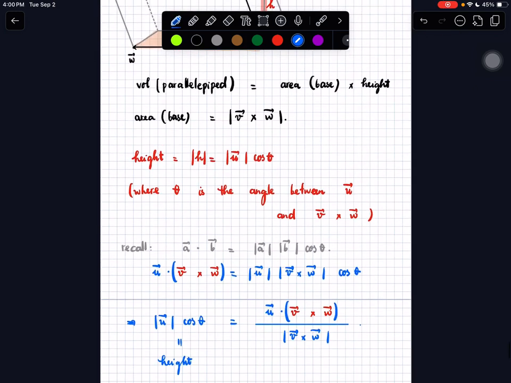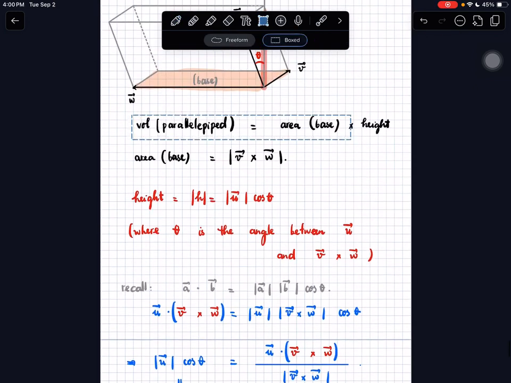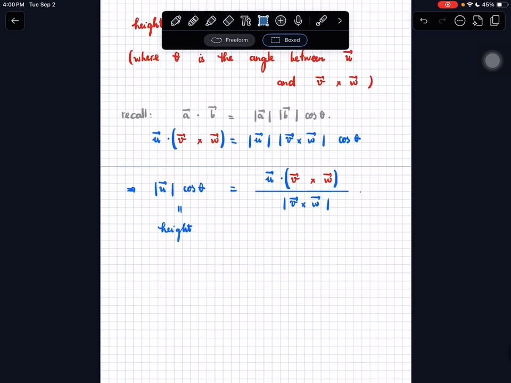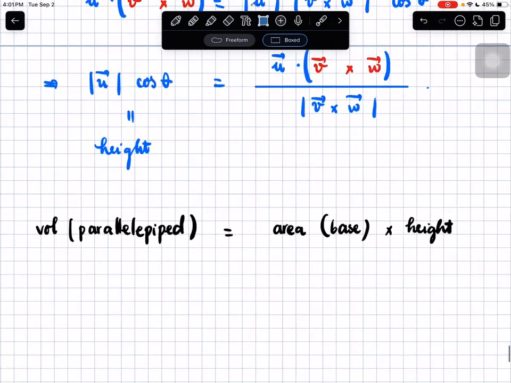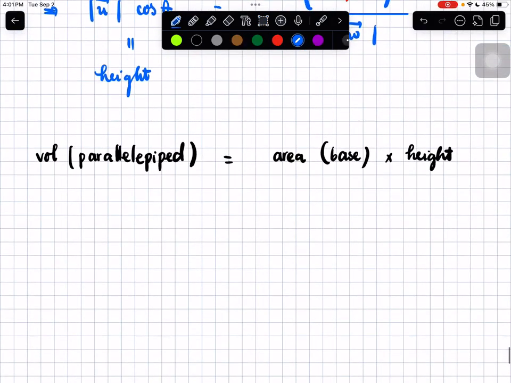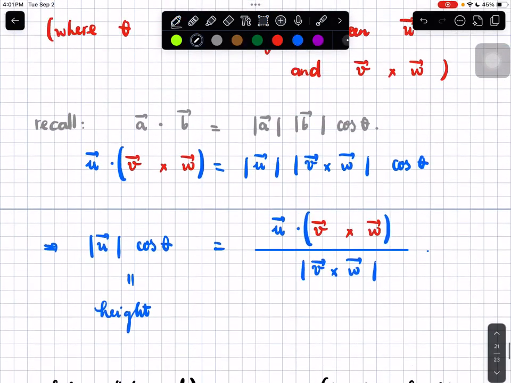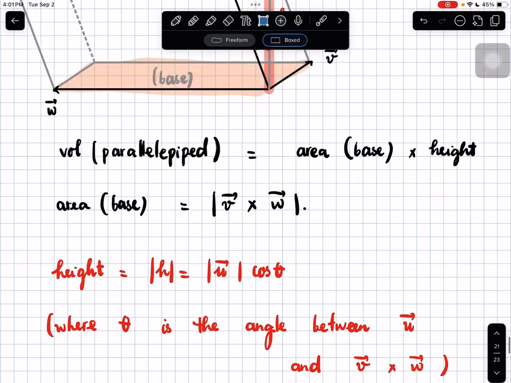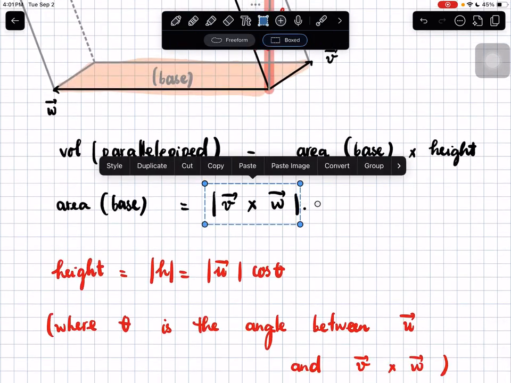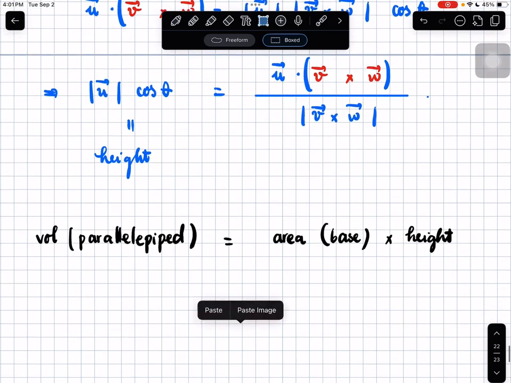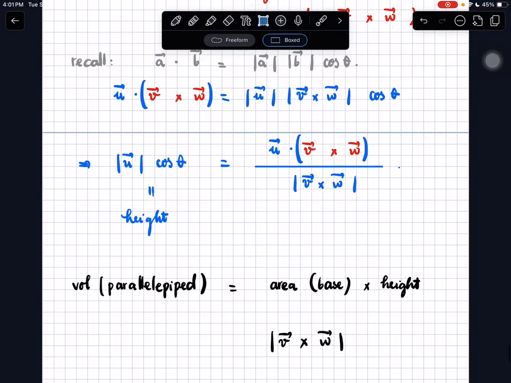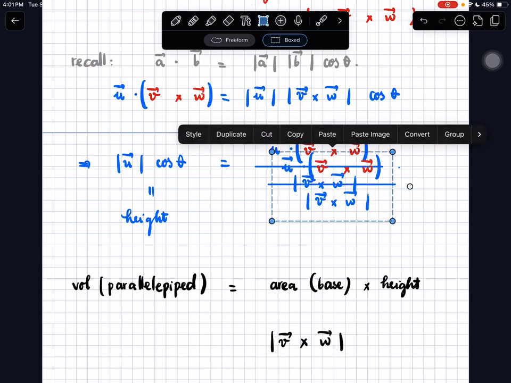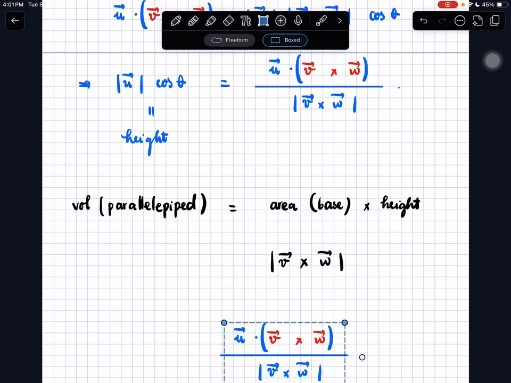So now we can plug them all into this formula. The volume of the parallelepiped is equal to the area of the base times the height. Area of the base is the length of v cross w. The height is this quantity.